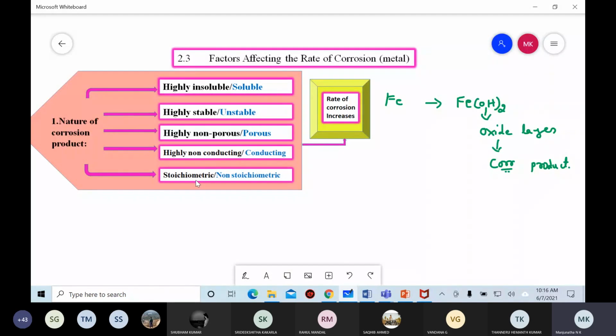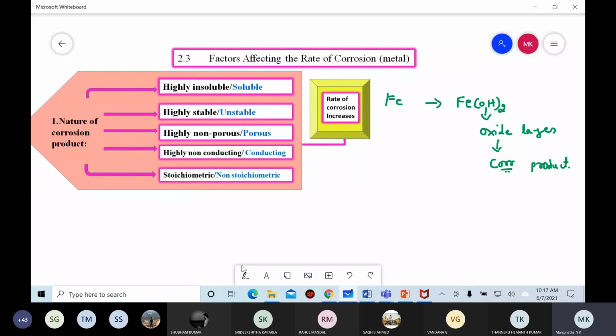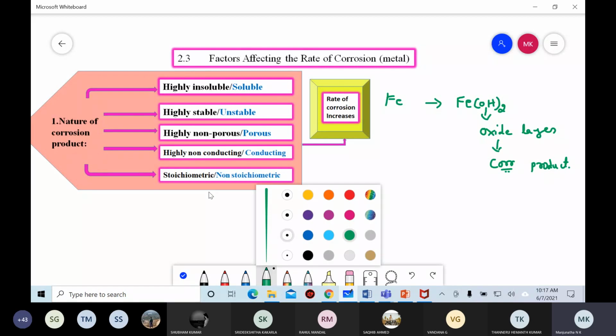Then that oxide layer acts as a protective film on the surface of the metal. Therefore, it prevents the corrosion at that level only.